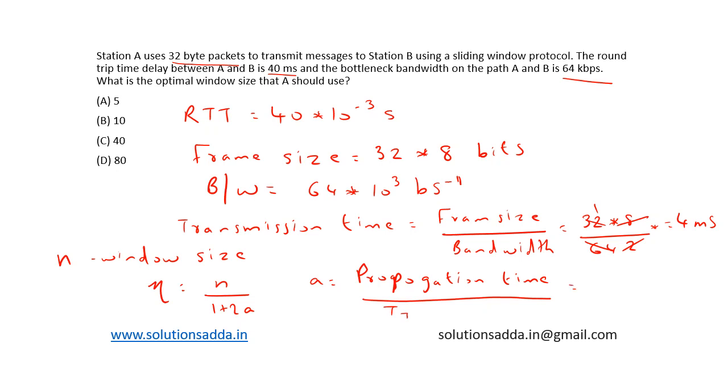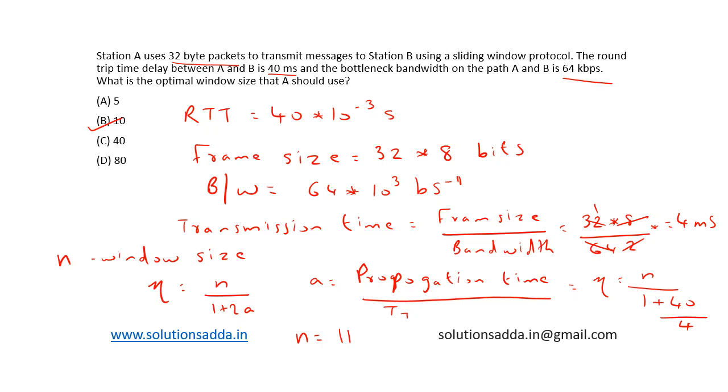So we have eta equal to n by (1 + 40/4). Solving, we will get n equal to 11. So the closest answer to this is 10. So option B, 10 is the correct answer here.